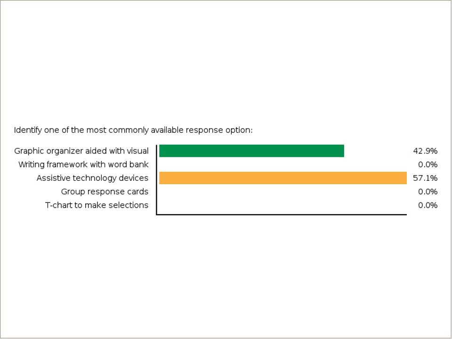Looks like several of you use graphic organizers. A lot of you use assistive technology devices. I'm sure you had them independently respond, not assisted by an adult who is manipulating their hands.